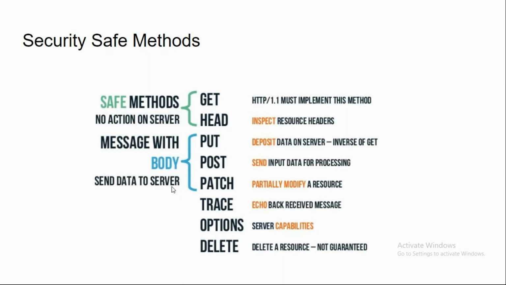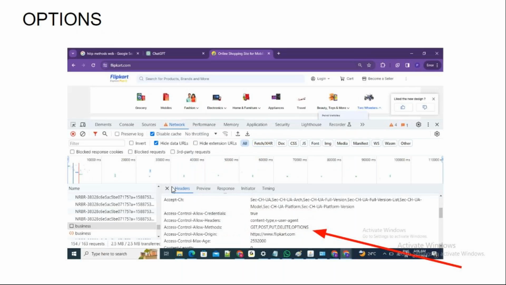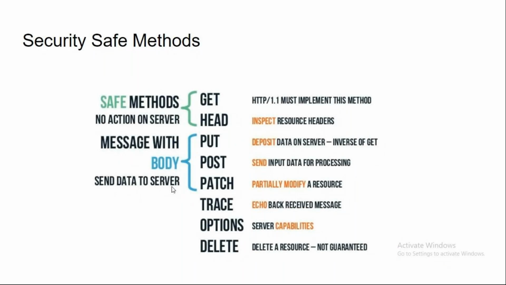Options is nothing but, when you send a request to say amazon.com with method as options, it will respond back saying that amazon.com, I will accept get method, I will accept post method, I will accept put method, I will accept trace.